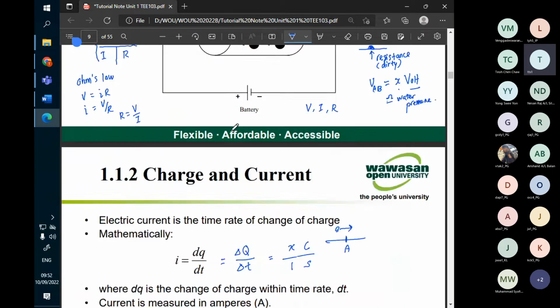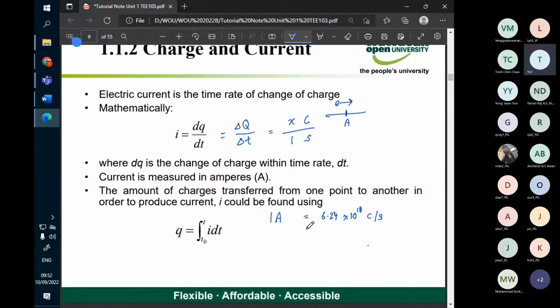Charge is C, a coulomb. But with 1 ampere, you have 6.24 times 10 to the 18 charges per second. So you can imagine within 1 second so much charge flowing through a certain point in a wire. You can do the math: how much charge flows through a certain point in a wire in 1 second if the magnitude of the current is 1 ampere.